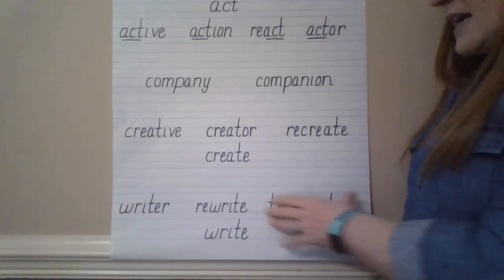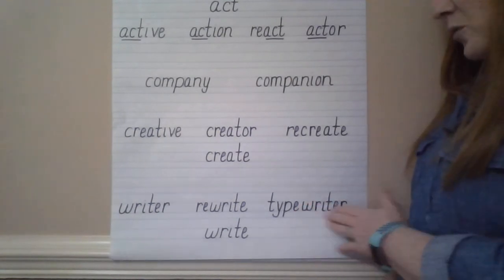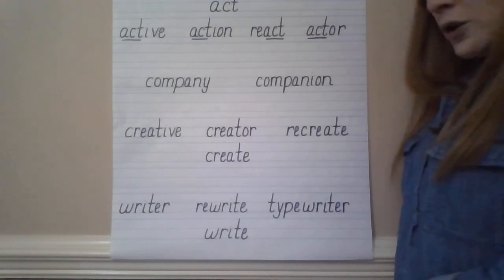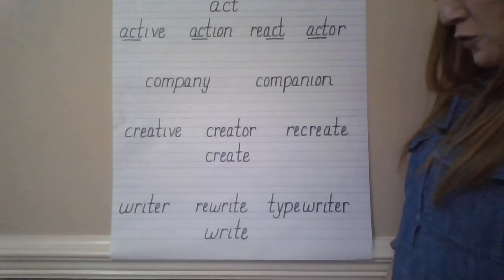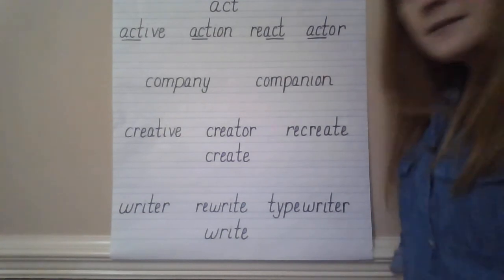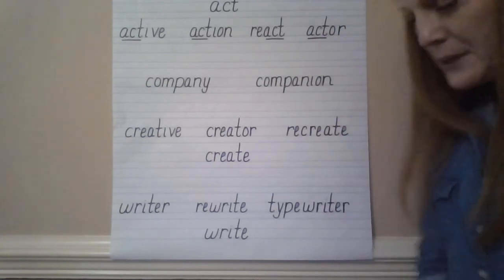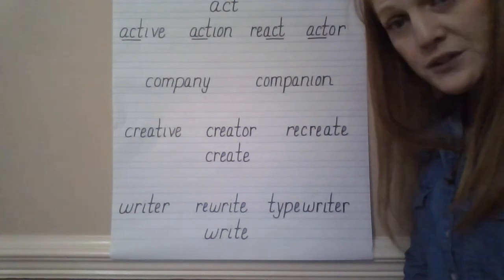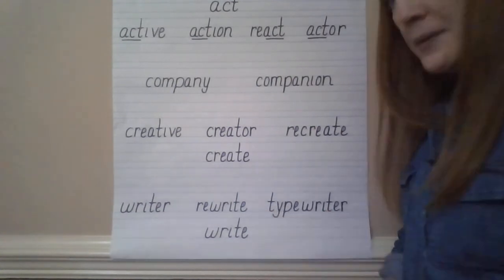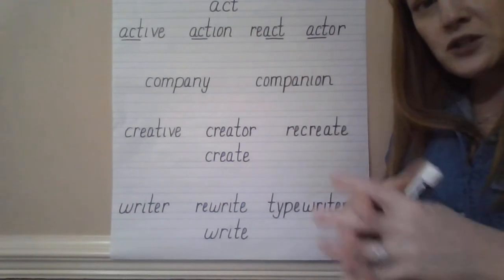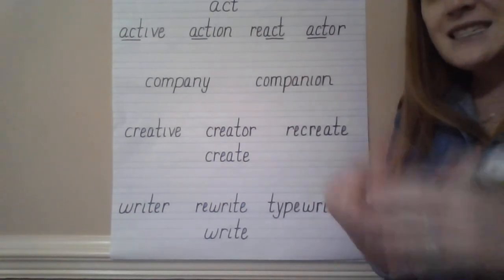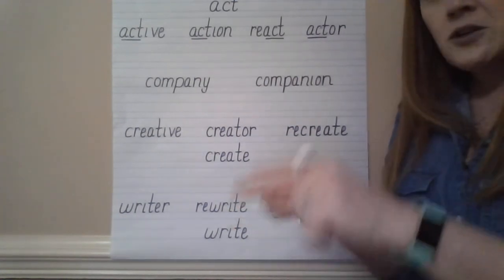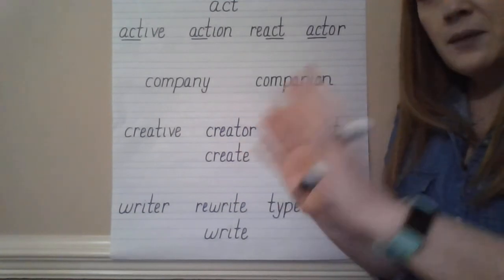Now this one here is a compound word, typewriter. A typewriter, some of you may not have heard of one of these before or seen one of these before, but Ms. McKinney is a little bit older than you, just a little bit, and a typewriter is something that we used before computers, and we would actually type letters on keys just like we do on the computer, except that instead of having to take it to the printer and print it out, you would type it and it would put it directly on the paper in front of you.